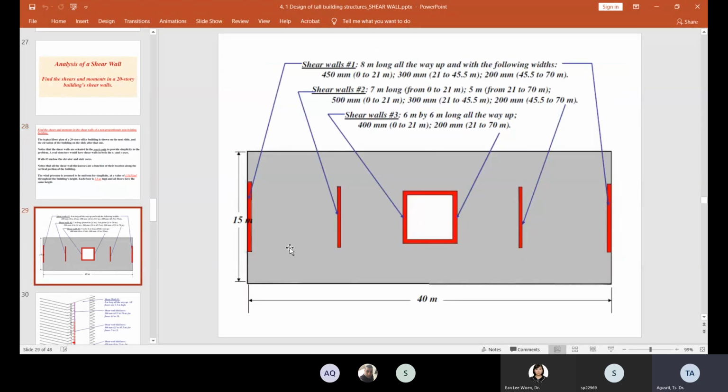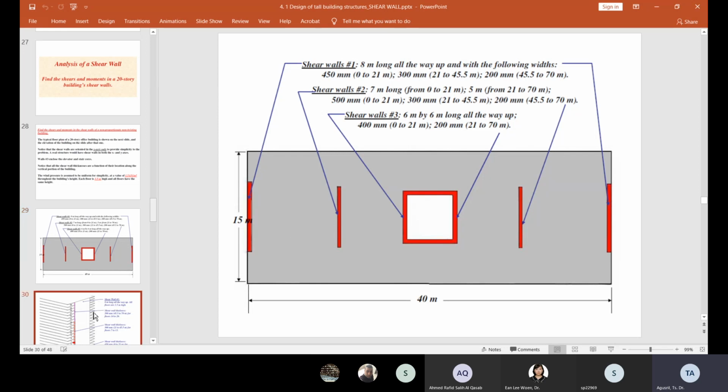You can see in this slide, for shear wall number 1, the length is 8 meter all the way up, with the following thickness. For height of 0 to 21 meter, the wall has a thickness of 450 mm; for 21 to 45.5 meter, the thickness is 300 mm; and from level 45.5 to 70 meter, the wall thickness is 200 mm.